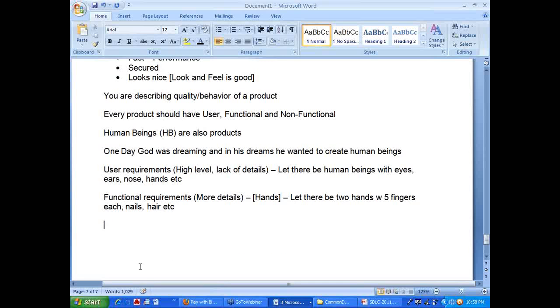Non-functional requirements describe the quality and behavior. Once a product is created, how should the product behave? Who is considered a quality human being?